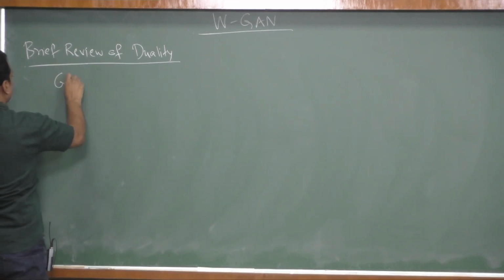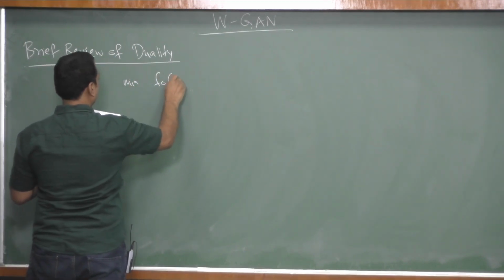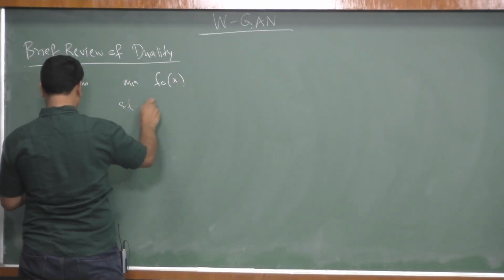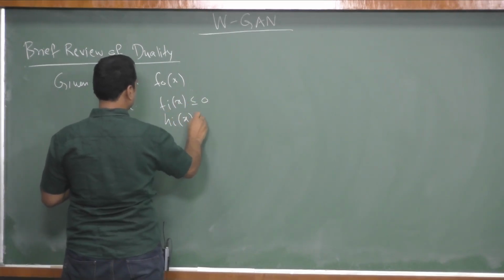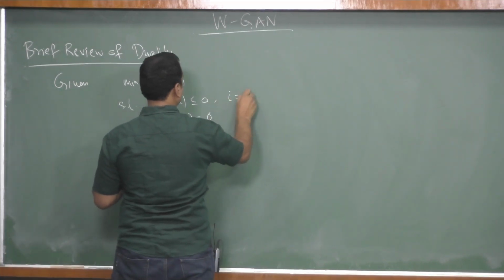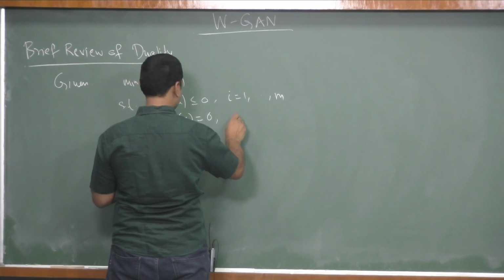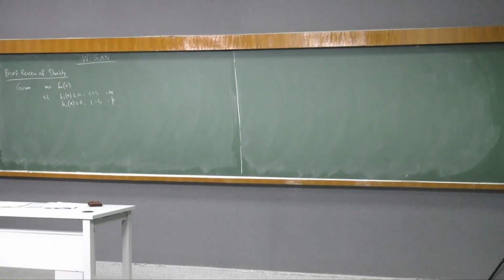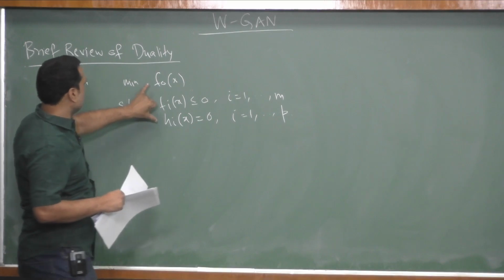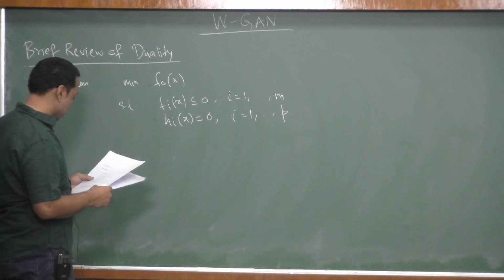So given an optimization problem, minimize f_0(x) subject to f_i(x) less than or equal to 0 and h_i(x) equals 0, i equal 1 to m, and here i equal to 1 to p. So this is an optimization problem with inequality constraints and equality constraints, and to solve such a constrained optimization problem, sometimes we use something called duality.